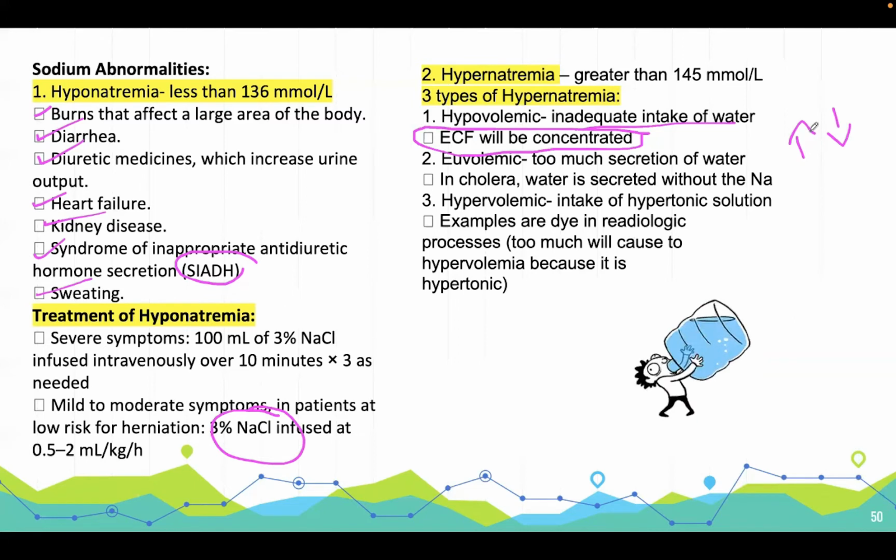So sa euvolemic naman, too much secretion of water. In cholera, water is secreted without the sodium. Next, hypervolemic, intake of hypertonic solution. Examples na lang yung dye in radiologic processes. Too much will cause hypervolemia because it is hypertonic.